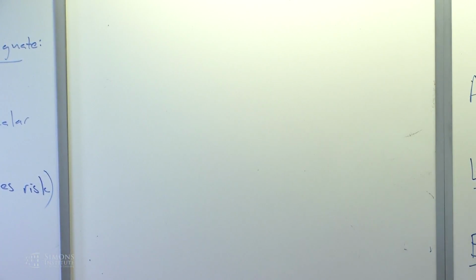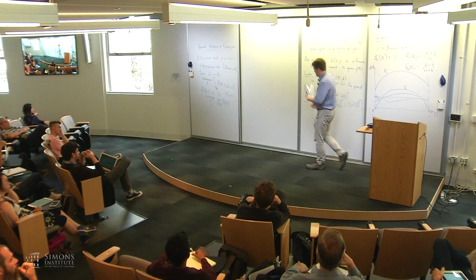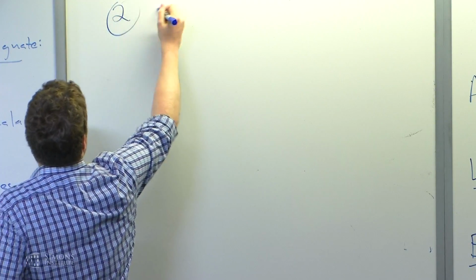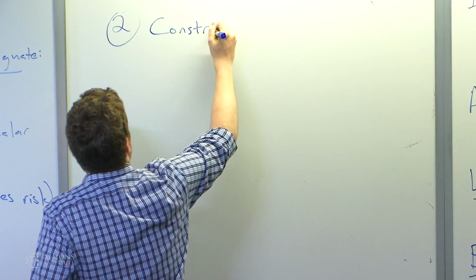The most common one historically being to require that the estimator must be unbiased.